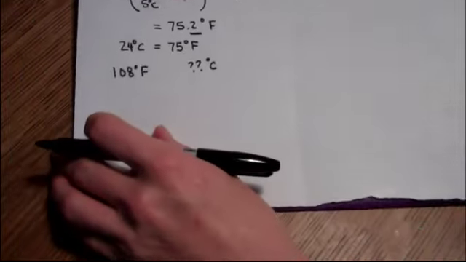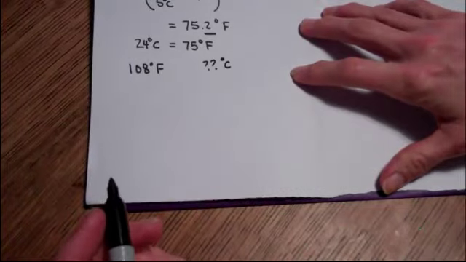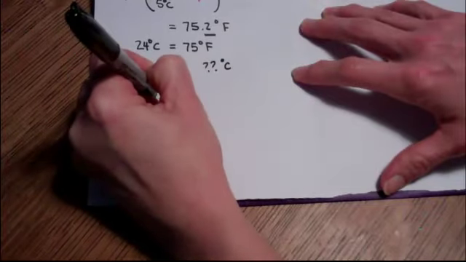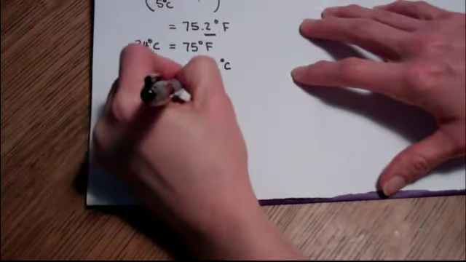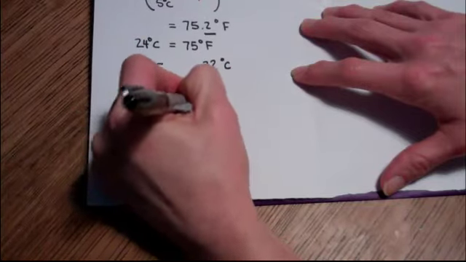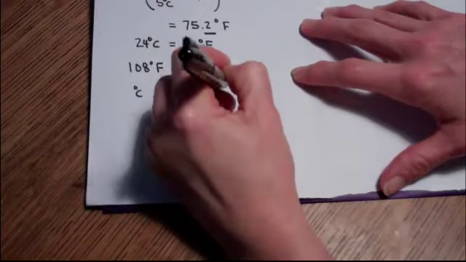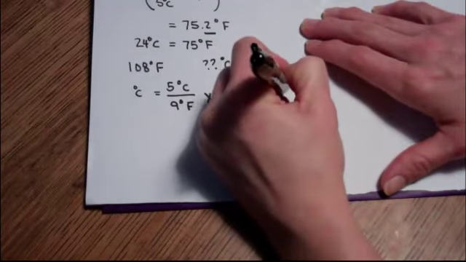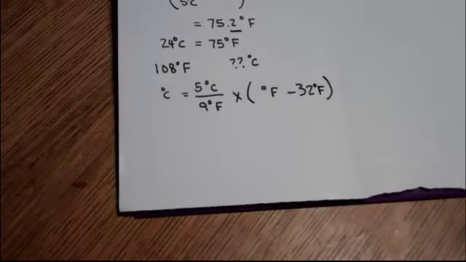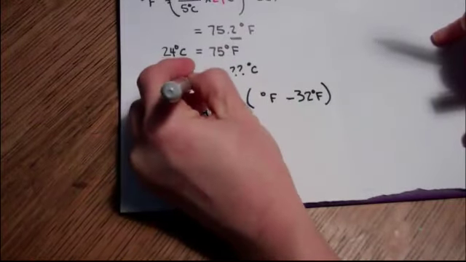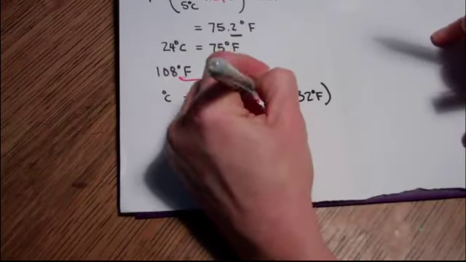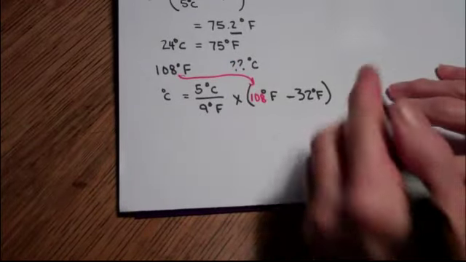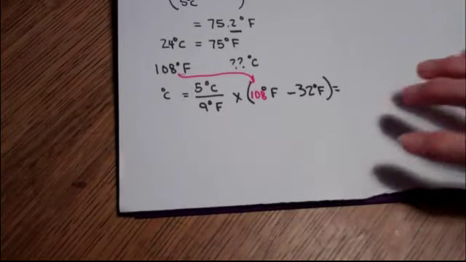So our conversion equation to get back to degrees Celsius from Fahrenheit: our degrees Celsius are going to equal 5 degrees Celsius over 9 degrees Fahrenheit times the degrees Fahrenheit that we're given minus 32 degrees Fahrenheit. So if we're given 108 degrees Fahrenheit, we can put that into our equation, and we can use this to calculate the degrees Celsius.